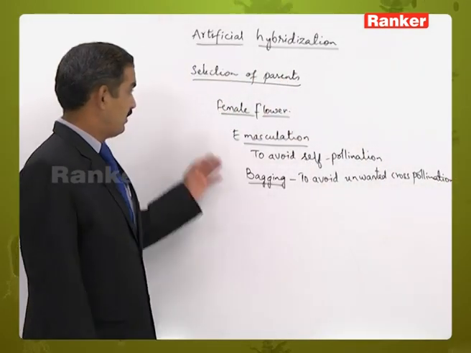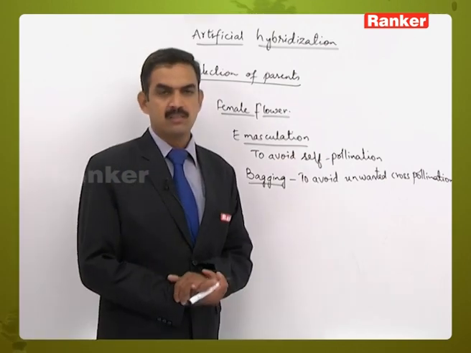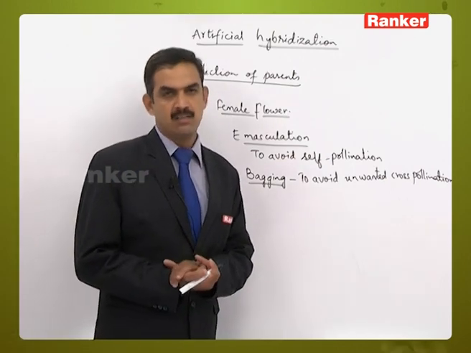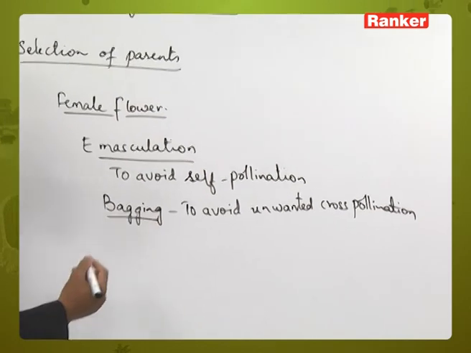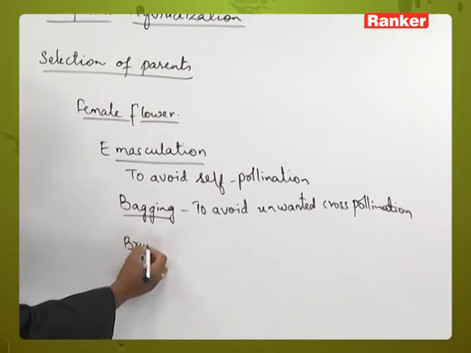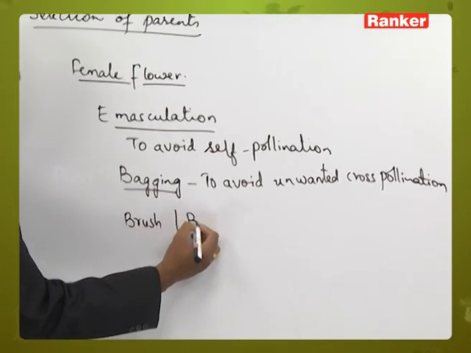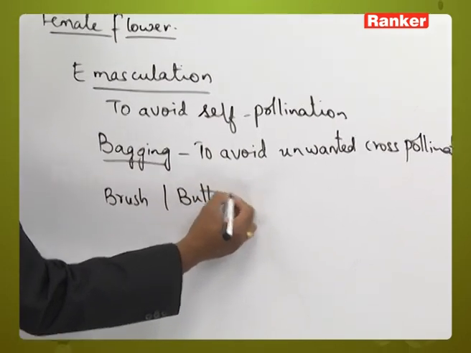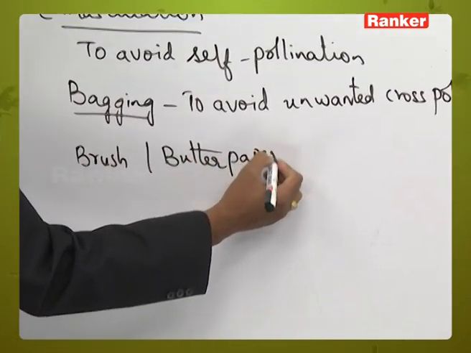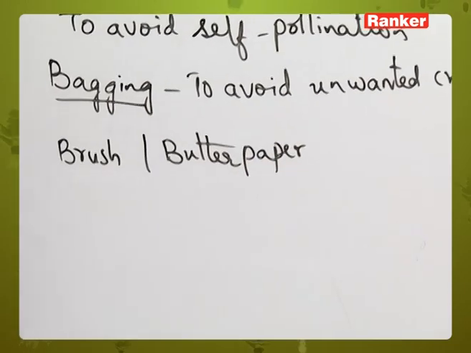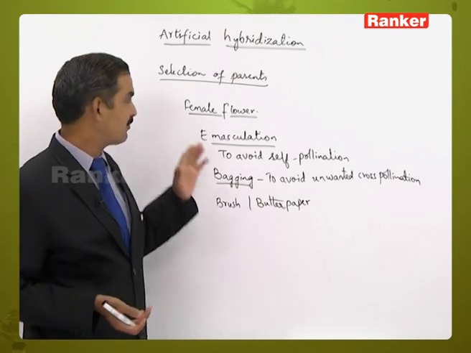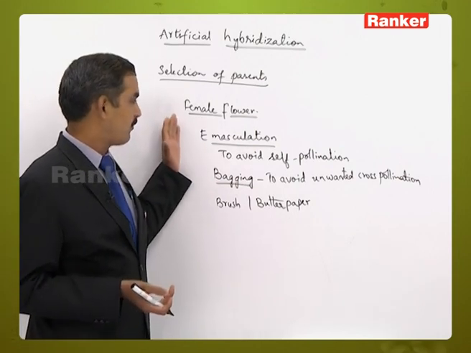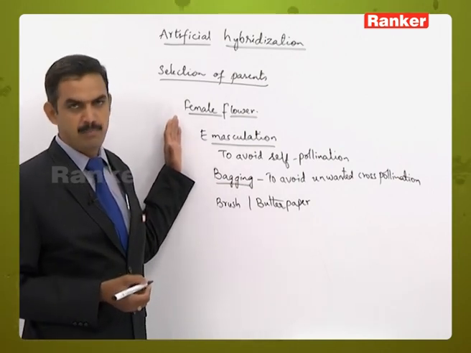Then the pollen grains from the selected male parent are taken with the help of either a brush or butter paper, and these pollen grains are brushed on the stigma of the flower of the female parent.